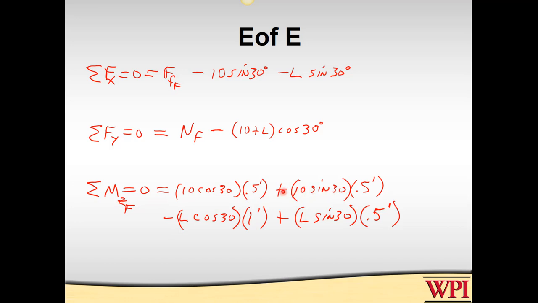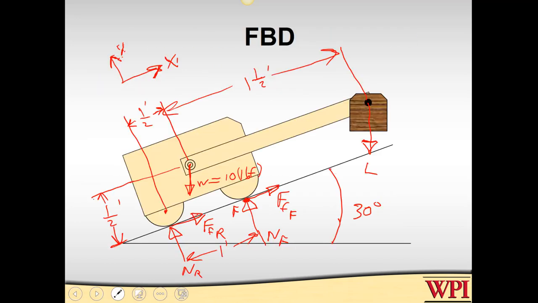So notice all these components here. We're summing moments about this point. Let's look at the L first. The L component that's down in this direction, that's L cosine 30, right? That's creating a clockwise moment about this point.